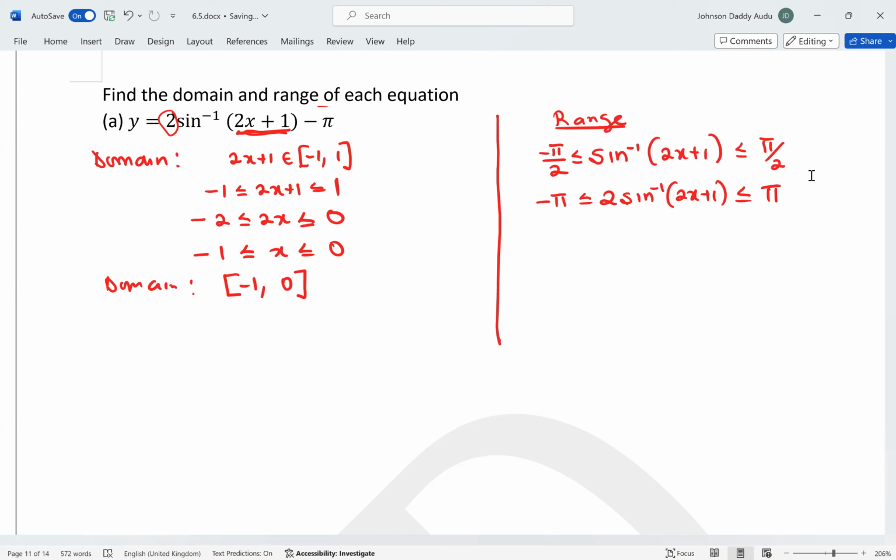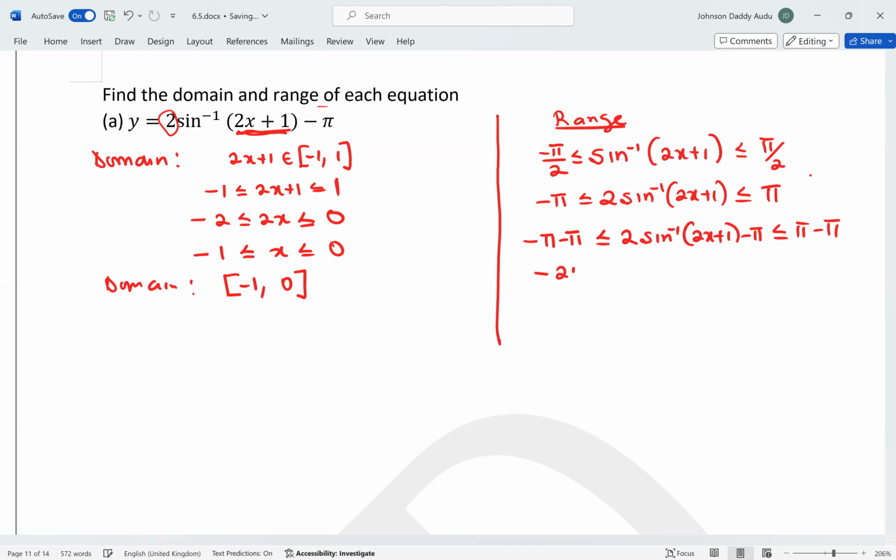And you can also see there is a vertical shift, so we subtract pi from both sides.